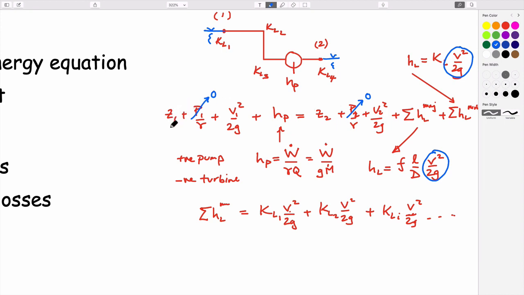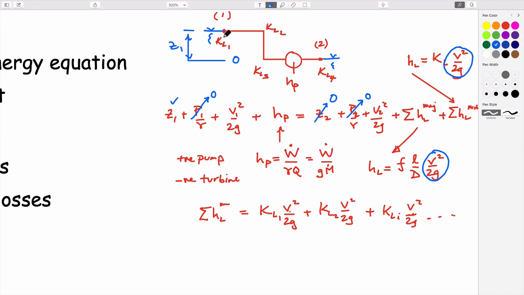The magnitude of the elevations would be finite, and this magnitude here would be Z1 to this point here, and this would be 0, and so we'd be left with this, and this would go to 0.